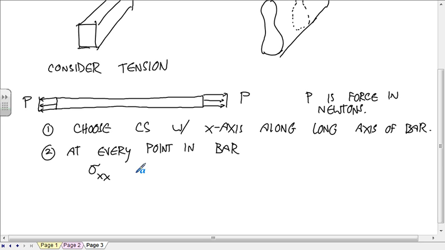Okay, so let's say that we have a bar with a total force of 20,000 newtons and a cross-sectional area of 0.003 meters squared.